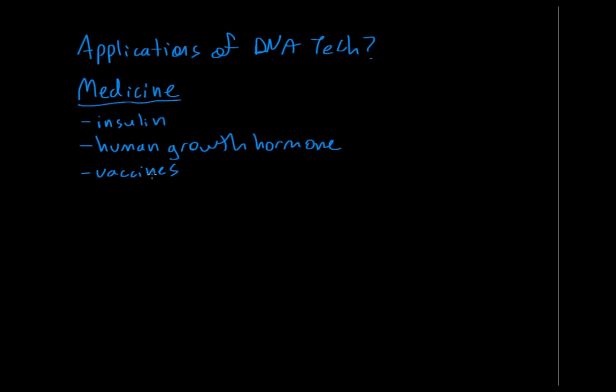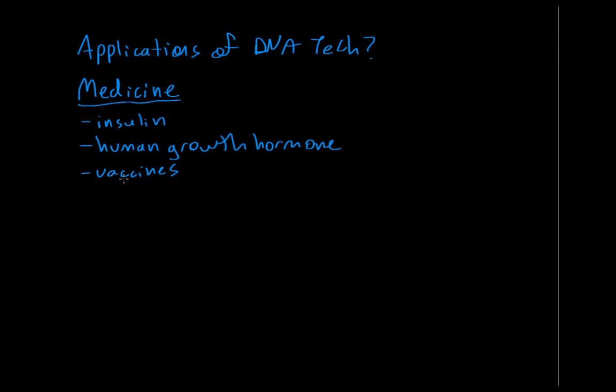So with DNA technology, they can actually recreate the outer shell of the virus and inject that. So it's a lot more cost effective, and it doesn't have the risk of actually causing the disease in the host. So this is much safer, and it is cheaper, and it produces a better immune response.